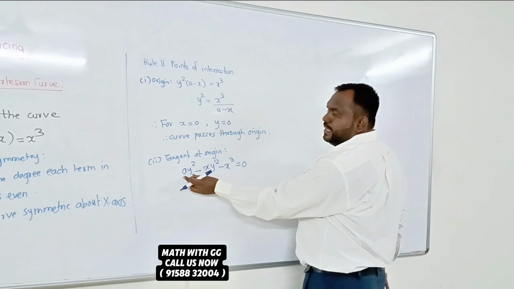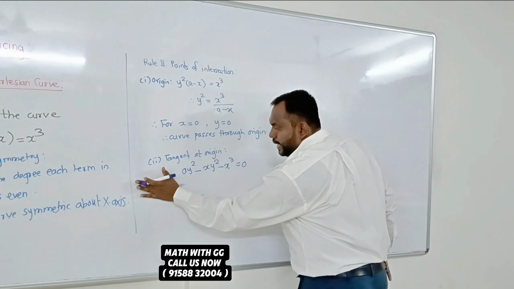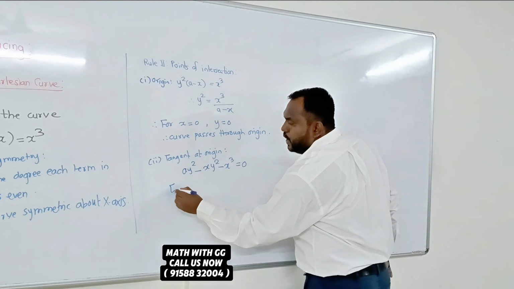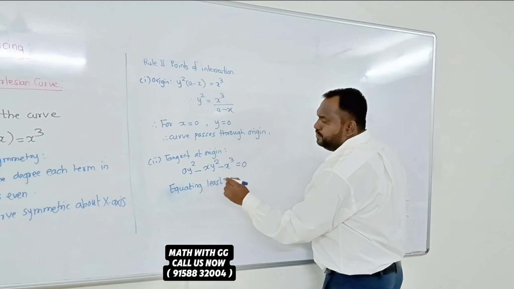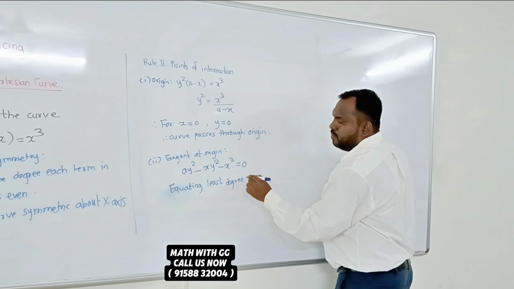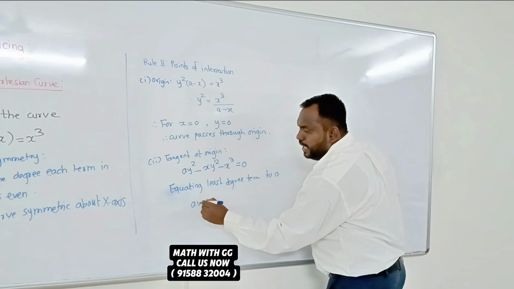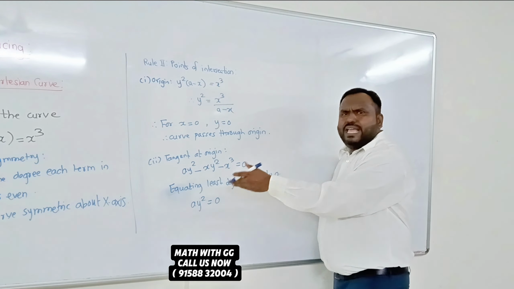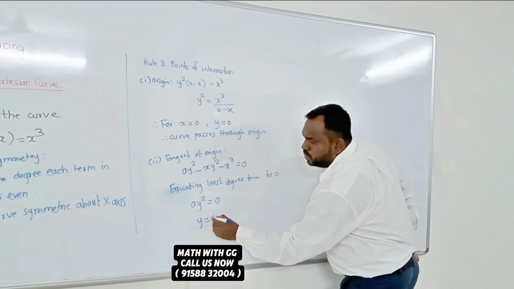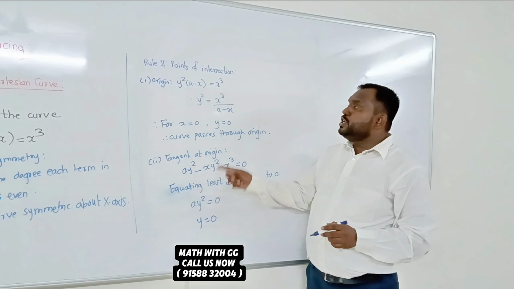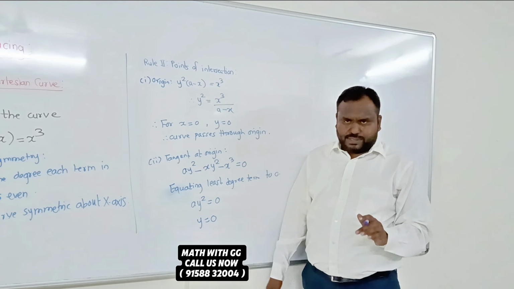The least degree term is a y square, so a y square equal to 0. A is a non-zero number, so we divide by a and get y equal to 0. Hence, the equation of the tangent at the origin is y equal to 0, which means the x-axis.